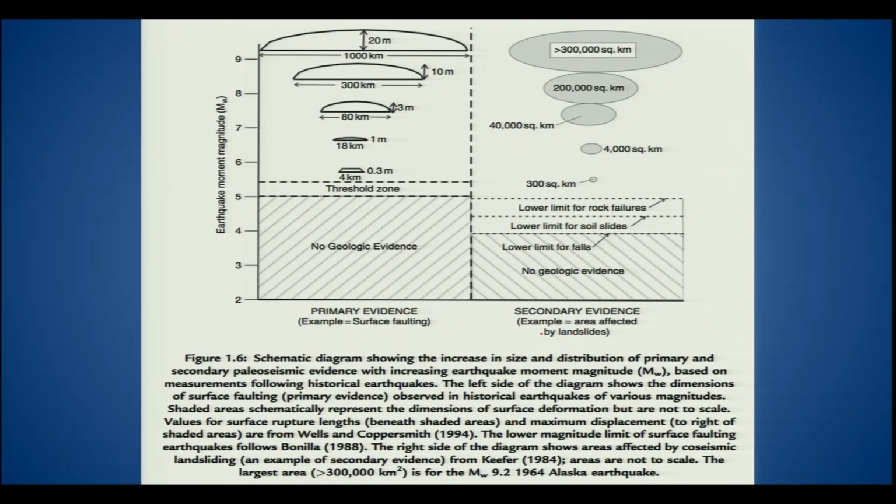Even far located areas will have secondary effects. The left hand side of the figure shows that, depending on the magnitude, the rupture length will increase. For example, up to magnitude 5, this is what we call the threshold limit.